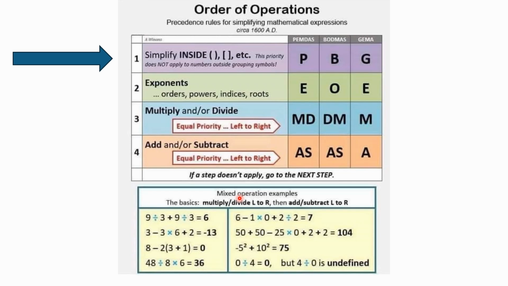And again, this graphic here kind of shows the different acronyms, PEMDAS, BODMAS, GEMDAS or GEMA. I don't even know how they pronounce that one. But again, when it comes to the parentheses, the only thing these acronyms are concerned about is what's inside. Again, in small print, this priority does not apply to numbers outside of the grouping symbols.